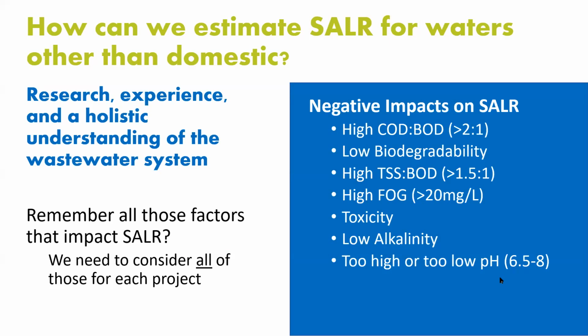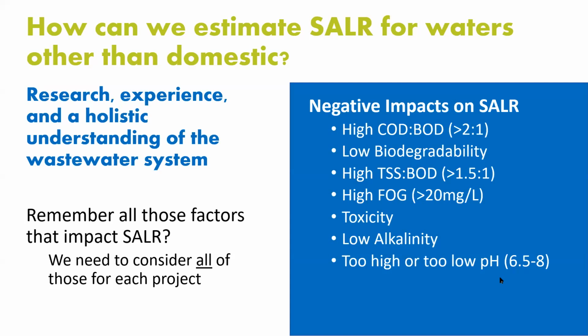This could be the type of wastewater, the biodegradability, the type of COD, toxicity that's present. All of these are going to impact your surface area loading rate. Some negative impacts here. There are many different factors that can impact your SALR, but I just put a few here. High COD to BOD, if you see a ratio that's greater than 2 to 1, that can start to indicate low biodegradability.